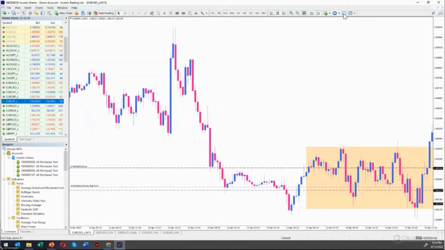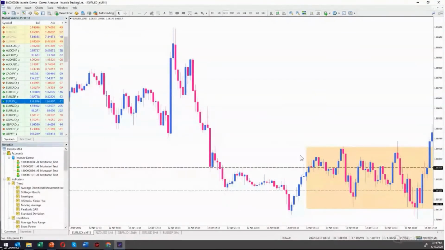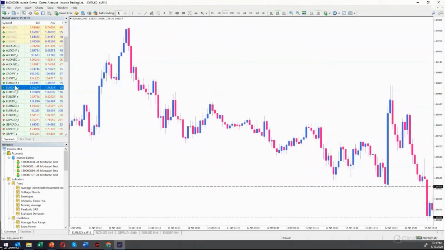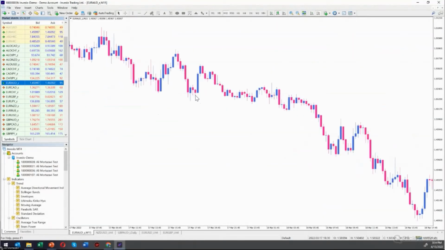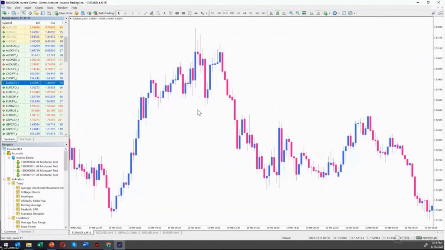In that case you can also use these buy stop orders, and vice versa. You can also use sell stop orders when you wish the market to break below some important support levels.